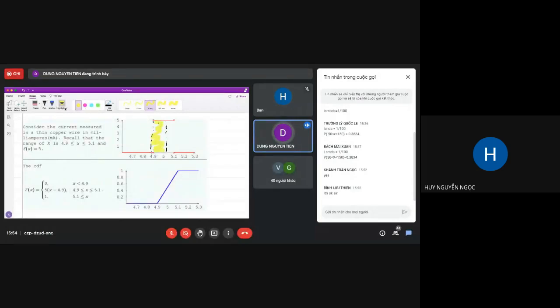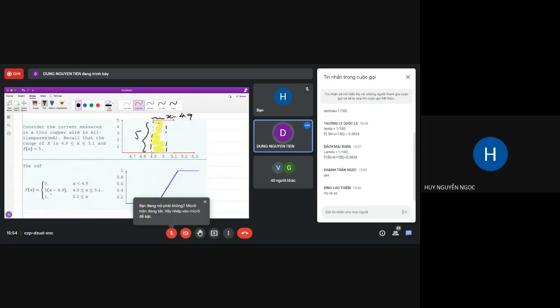And what is the area of that one? You have 5 for this, and you have x minus 4.9 for this. Then the area becomes 5 times (x minus 4.9). Is that okay?